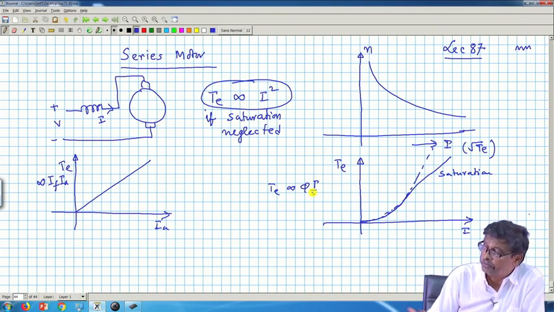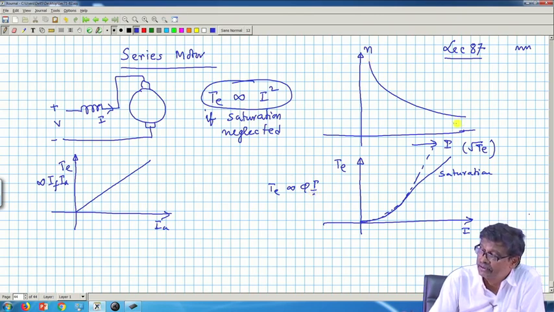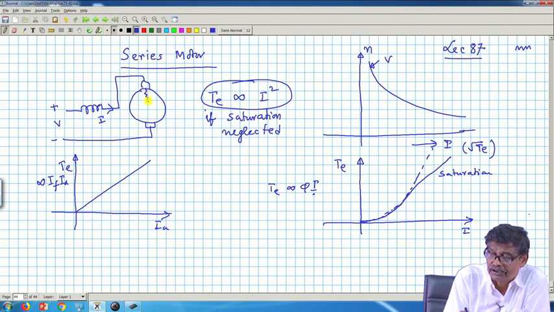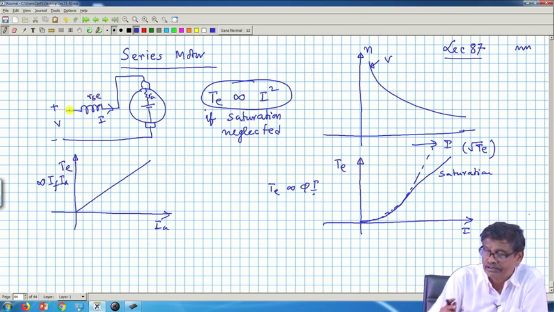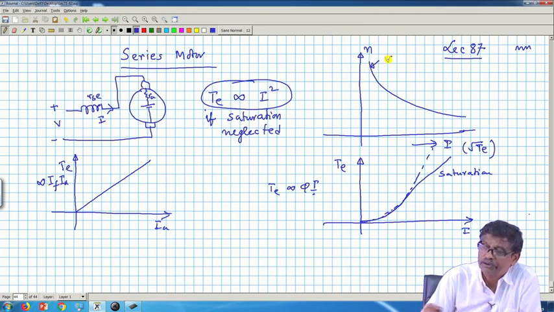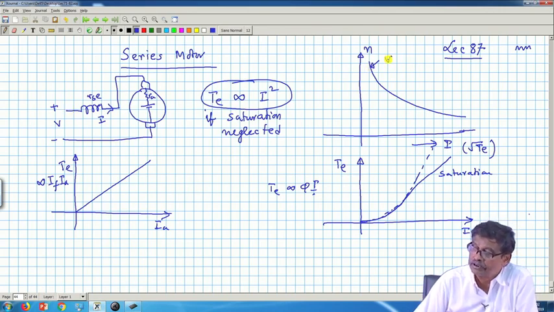Therefore, to control the speed of series motor, we have seen we can vary the armature voltage. I should not say armature voltage, terminal voltage of the machine. Of course, this terminal voltage will be very close to that of back EMF, because after all R A and R S are both small. So, with respect to some parameter voltage V, it is like this.